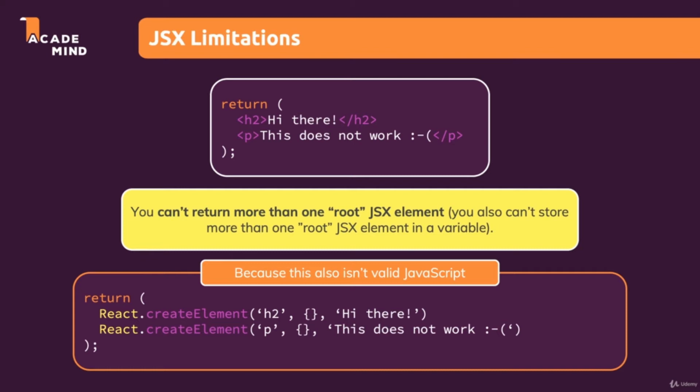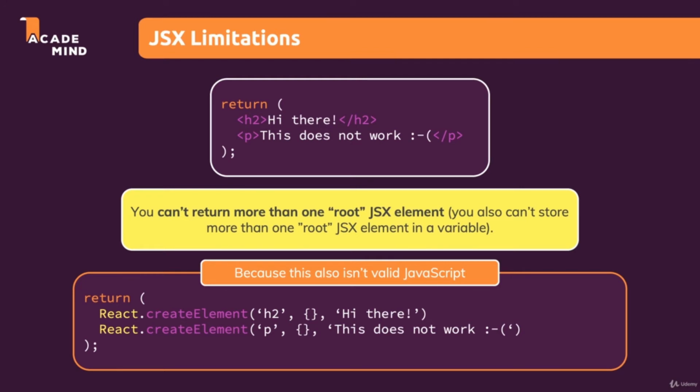Your JSX code translates into React.createElement, like you see it here at the bottom of the slide. And you must only have one React.createElement call which you return. Now, any nested JSX elements, so inside of that one root element, could be side by side, because in the React.createElement world, those children of that root element would be the third and fourth and fifth and so on argument.